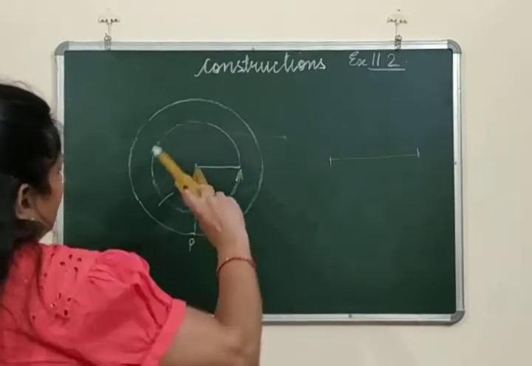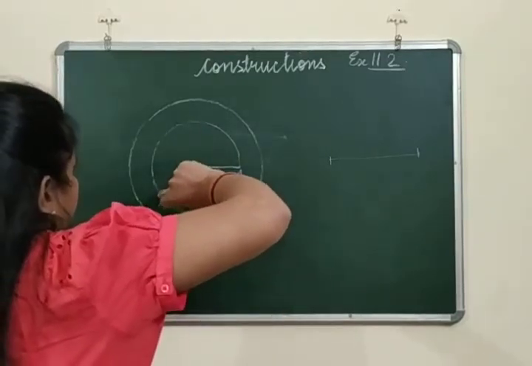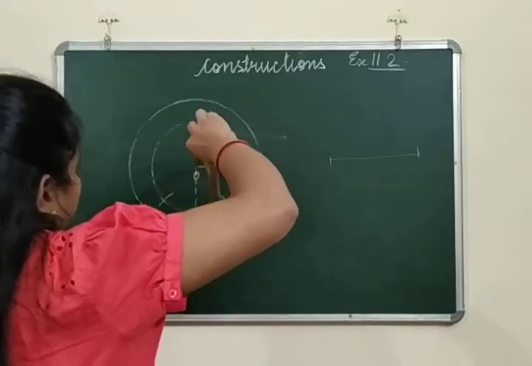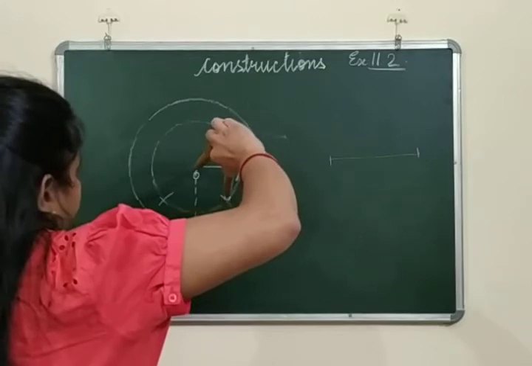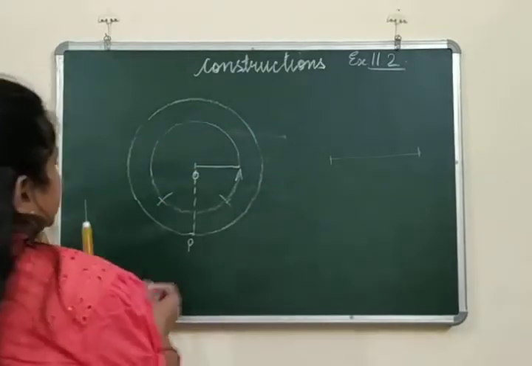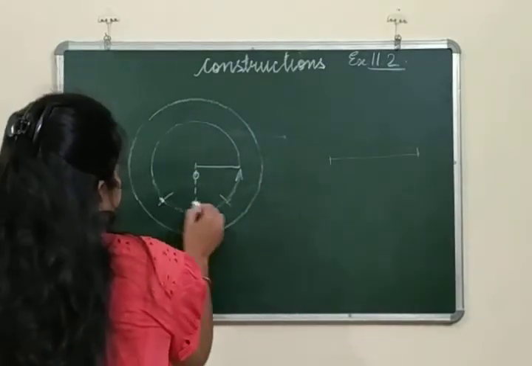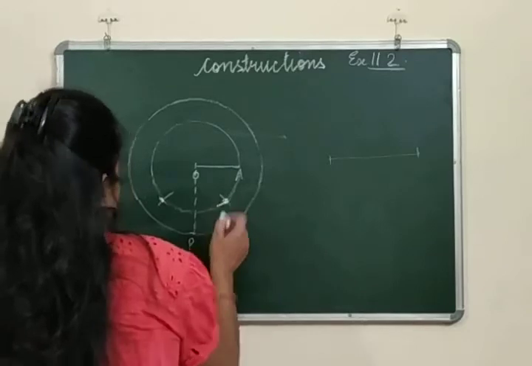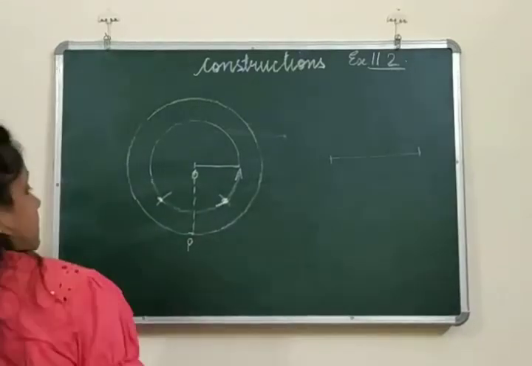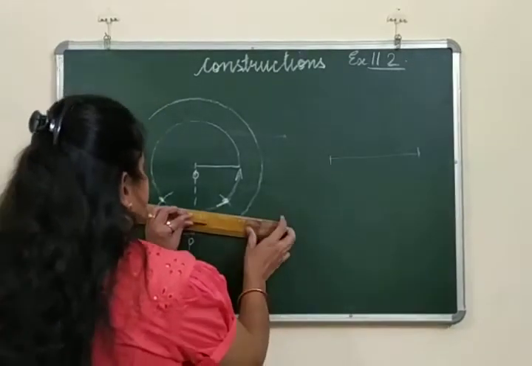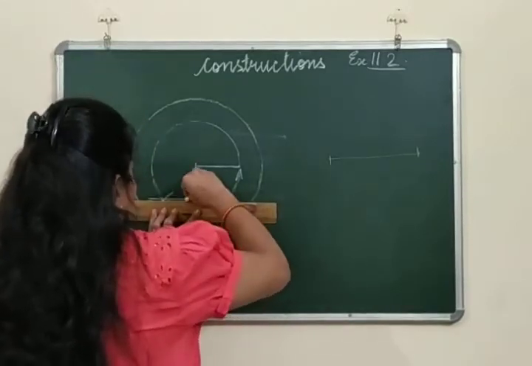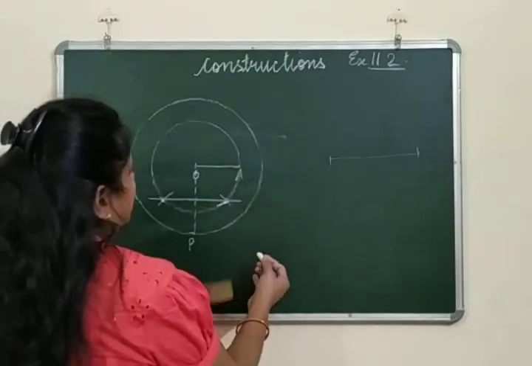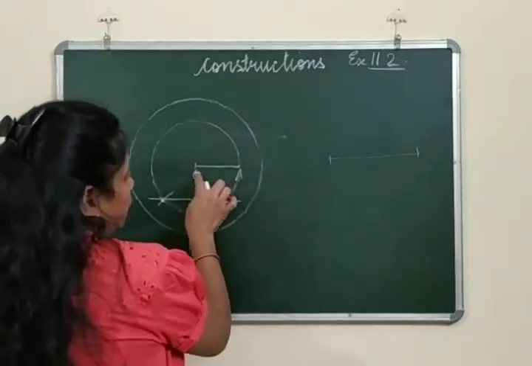Similarly, put it on O, cut the arc, again put it on O and cut the arc like this. So these are the 2 points that you have got. Join these 2 points. This is the perpendicular bisector of OP. Let this point be the midpoint of OP.